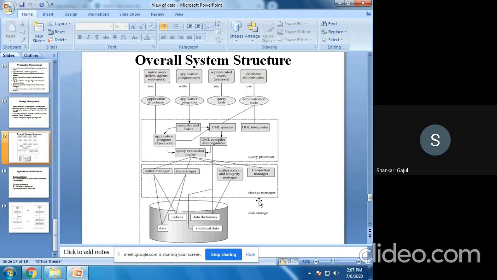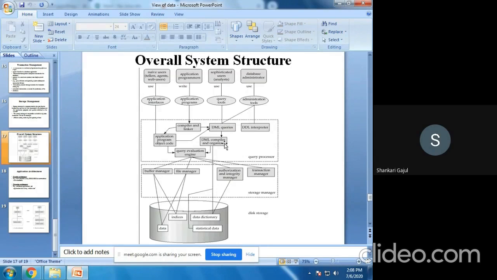The storage manager is a component of a database system, a module required in a database system. It provides the interface between the actual data and the queries.